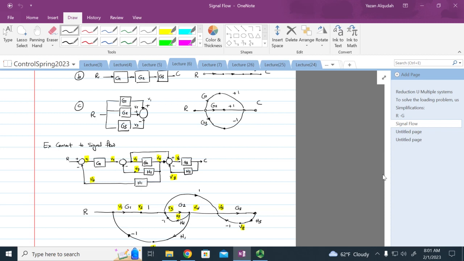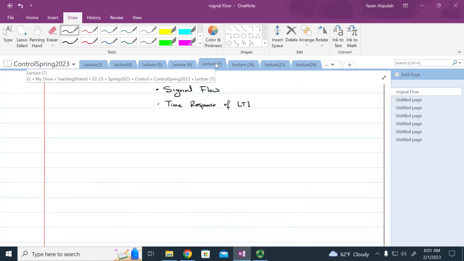Basically, in the signal flow, the transfer function is written above the branch, and the signals are labeled along the branch with a node. Is that clear, everybody? So we're going to start by introducing Mason's rule, and then use it to generate the transfer function of different signal flows.